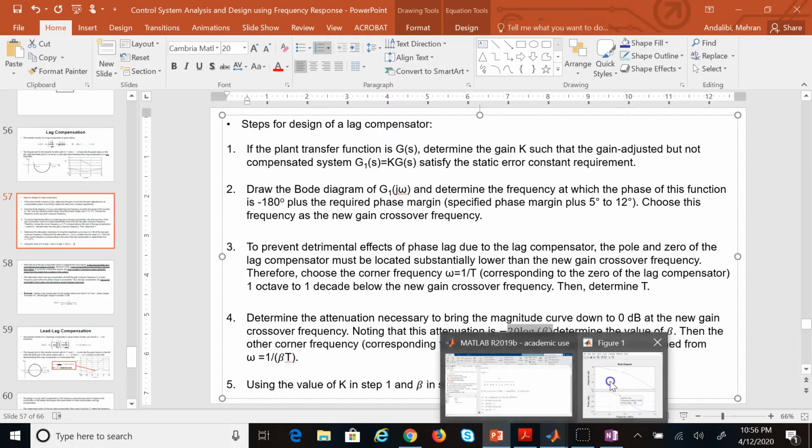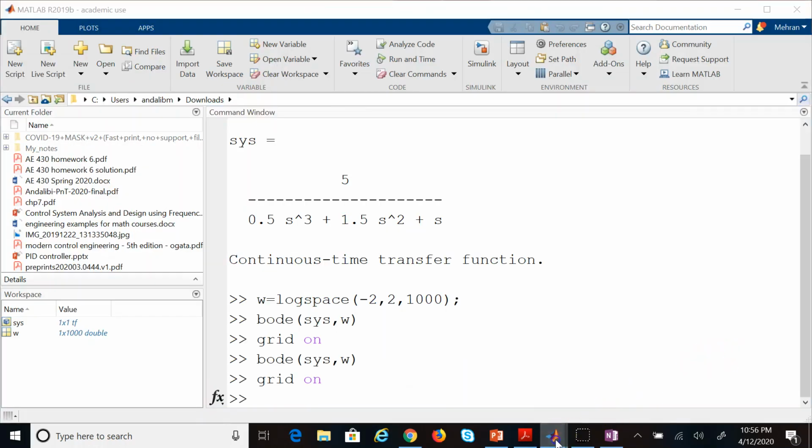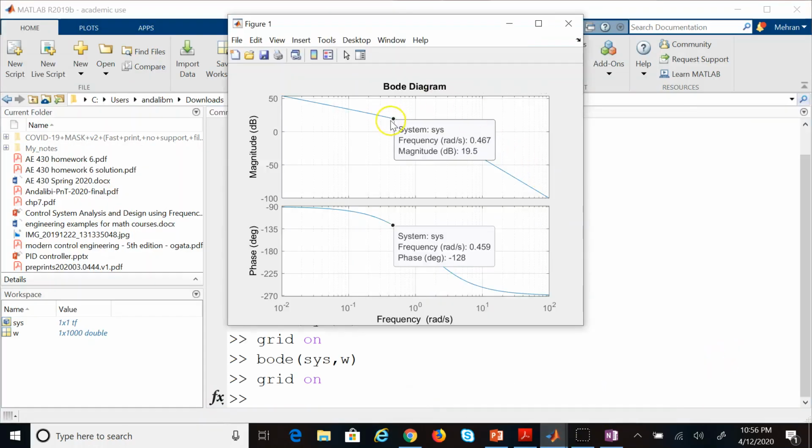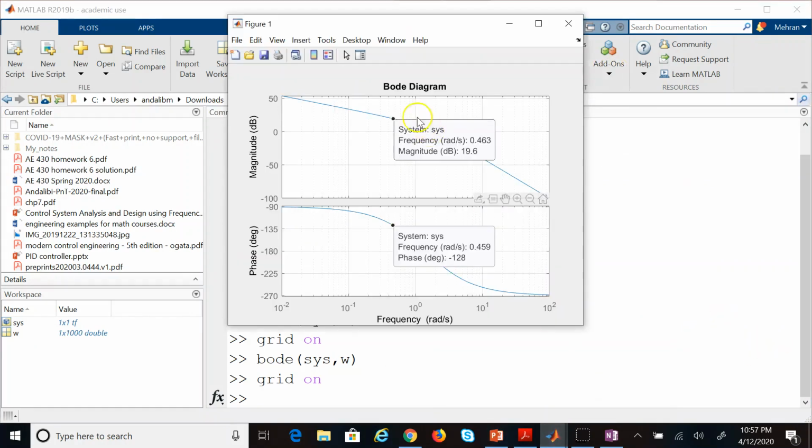So at this frequency, how much is the magnitude? Let's find it. It is here or somewhere close. Oh, sorry. Let's see.